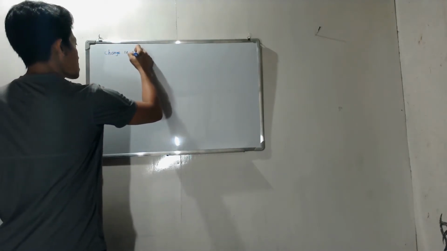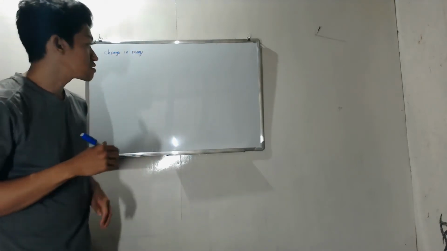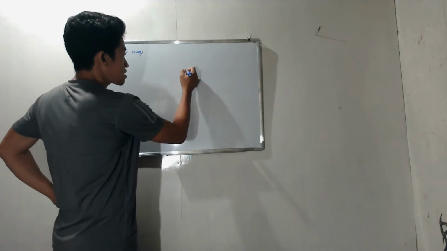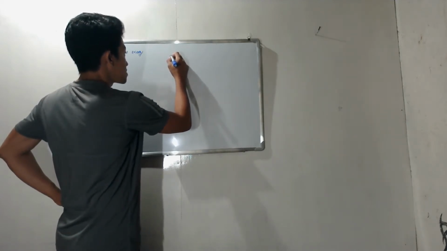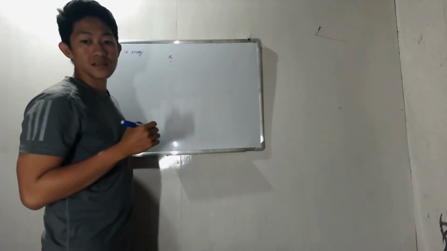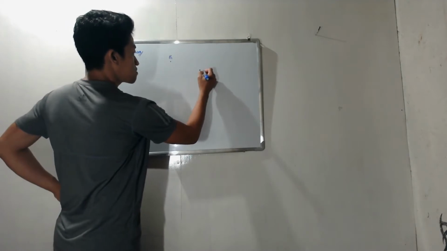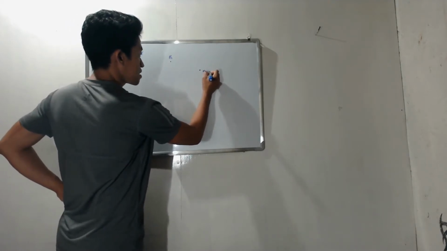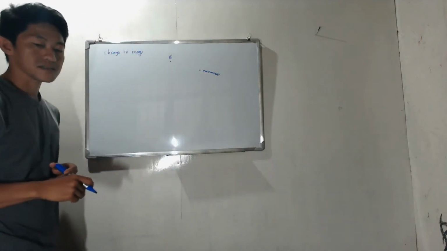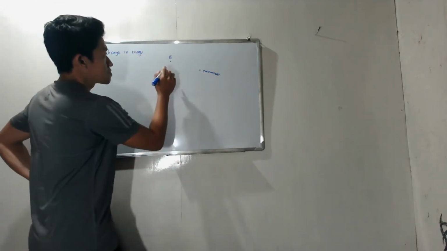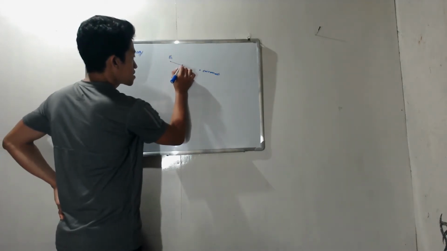Change in exergy. What is this about? We all know that if this is your system, you have an exergy, and if this is your environment, during a process the system undergoes a change, right?